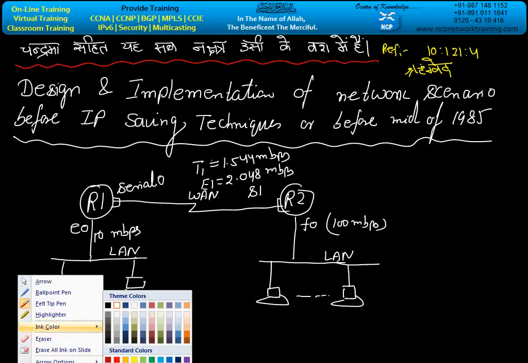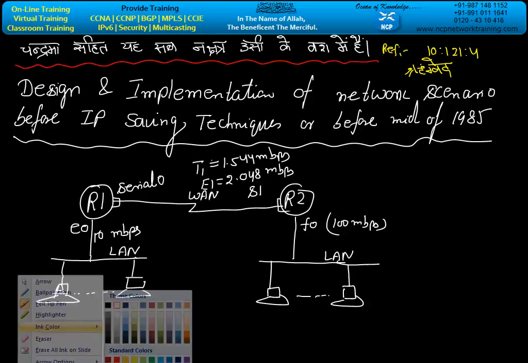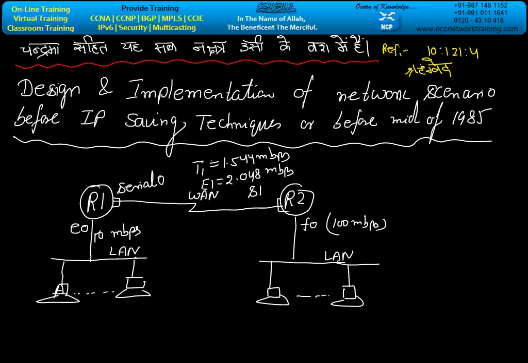Our aim is to provide connectivity between R1 LAN and R2 LAN. That is our basic objective. We want to exchange the information between R1 LAN and R2 LAN. But we are discussing this era, before mid of 1985.